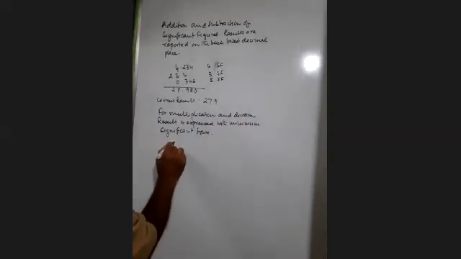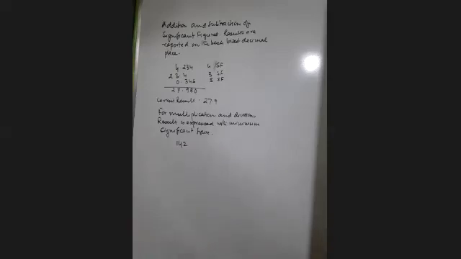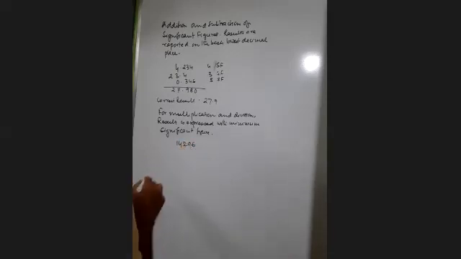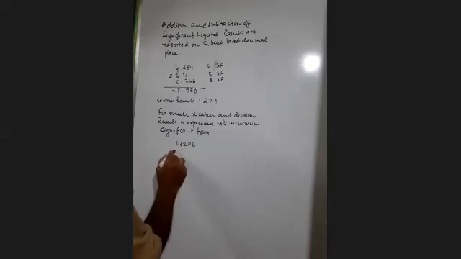Okay, say it is 142, so it is 206 and it is to multiply by 0.23.